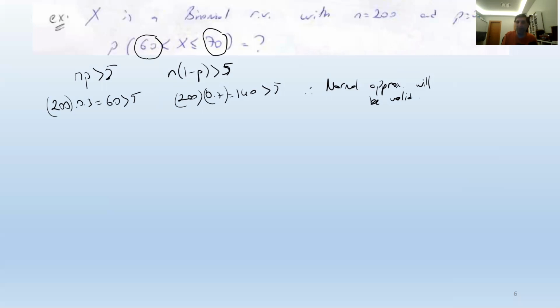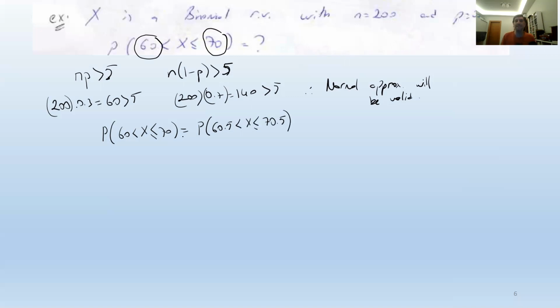We don't want these boundaries to be exactly at these integer values, because for these cases, it's not going to be obvious for the Gaussian distribution whether it includes these values or not. So what we are going to do is we are going to write this expression. Still, X is binomial distributed. Note that it should be written in such a form that it's going to give the same result in binomial distribution.